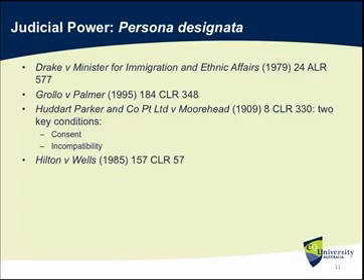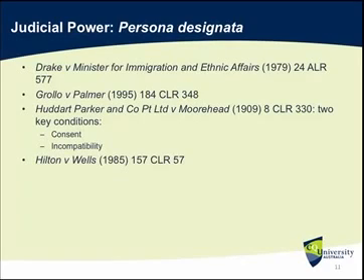The cases of Grollo versus Palmer and Hilton Parker and Company Proprietary Limited versus Moorhead also establish the requirement that the only time when a federal judge or a member of a Chapter 3 court can exercise quasi-legislative or quasi-executive powers must be based on two conditions being met.